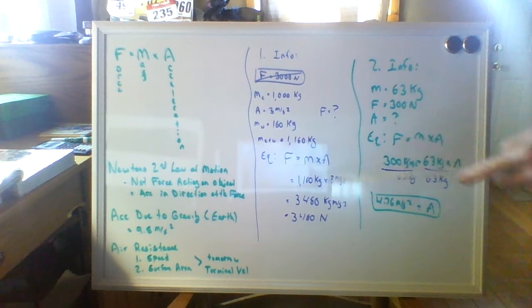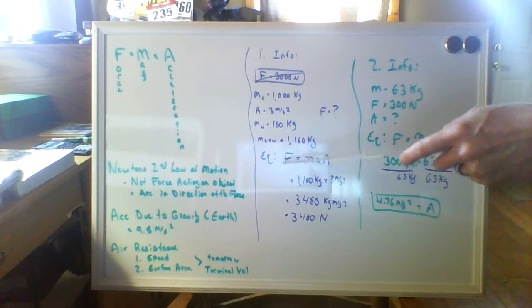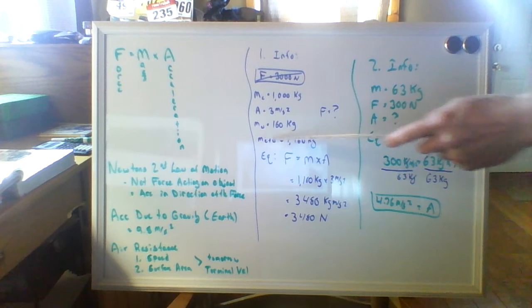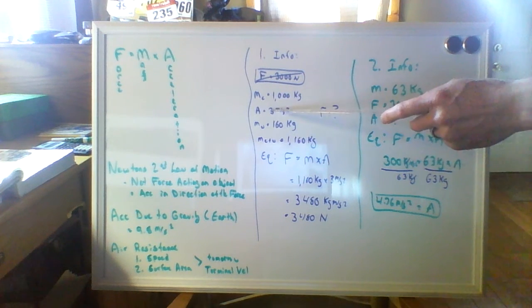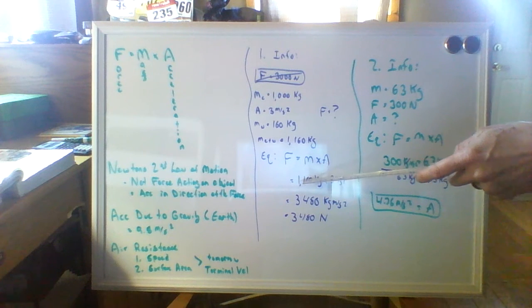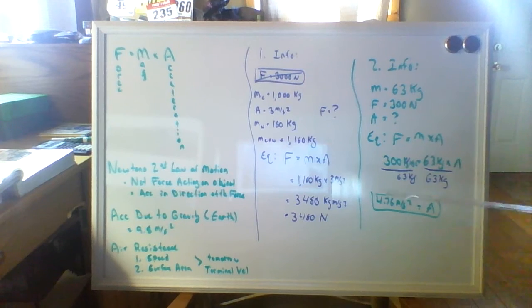Our equation we're going to use for this is force equals mass times acceleration. The mass would be the combined mass of the wrestler and the car. The acceleration is 3 meters per second squared. 1,160 kilograms times 3 meters per second squared gives you 3,480 kilogram meters per second squared.